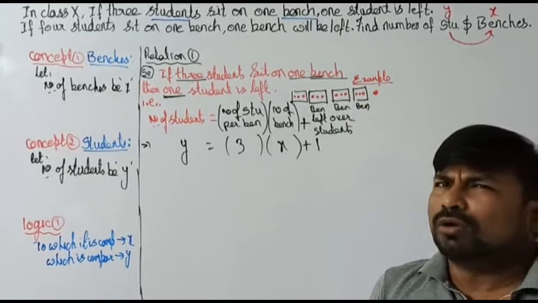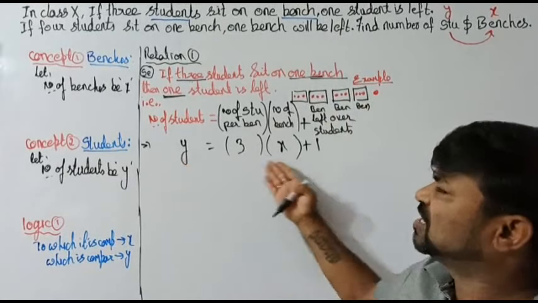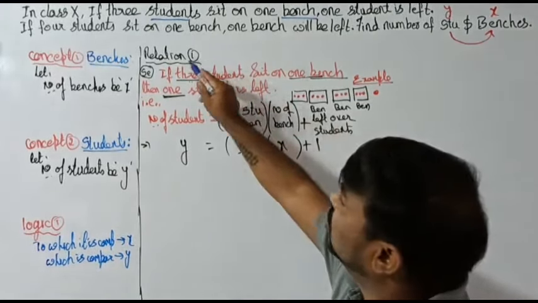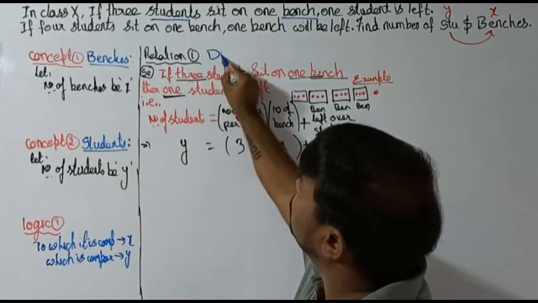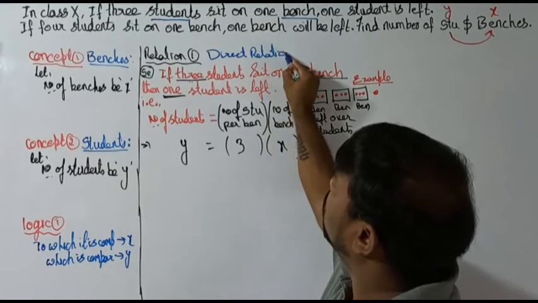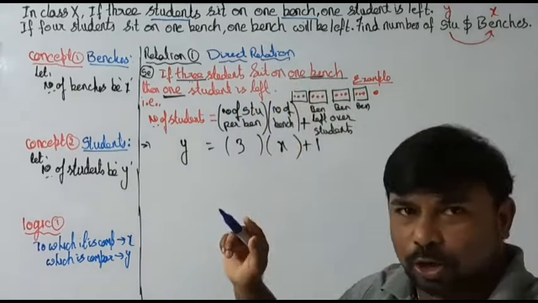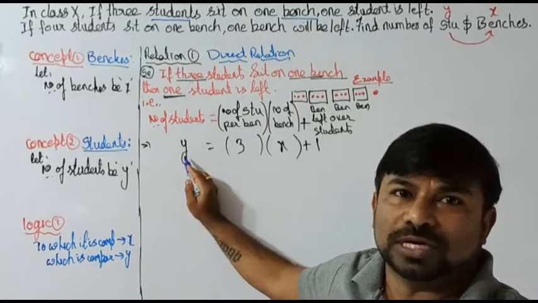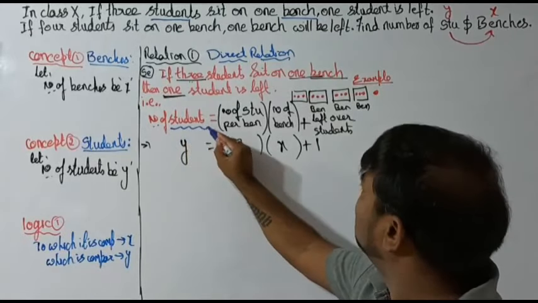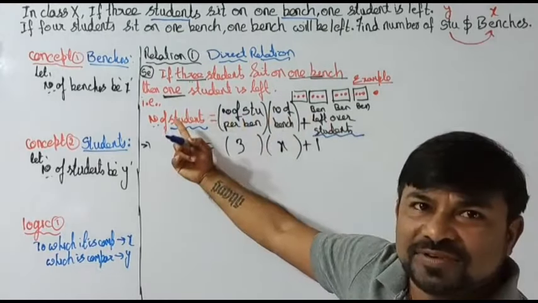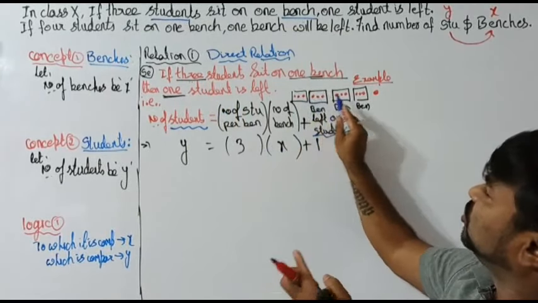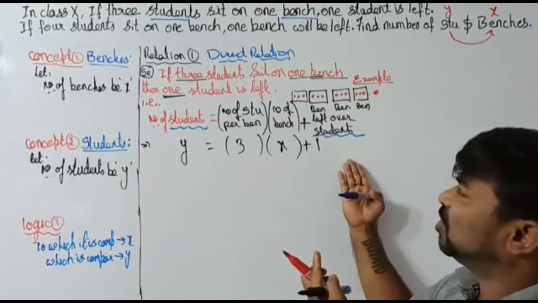Can I consider that he has given the relation directly? Yes, according to me, he has given the relation directly, so I call this a direct relation. Why? He has given the relation between the students and the leftover students.